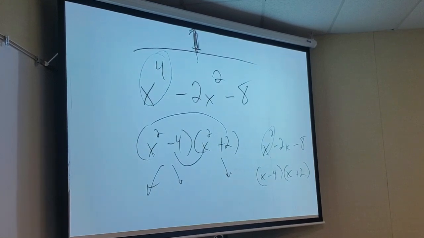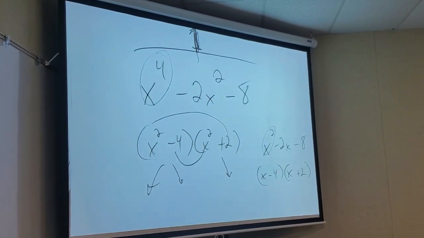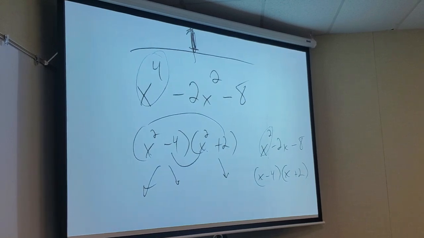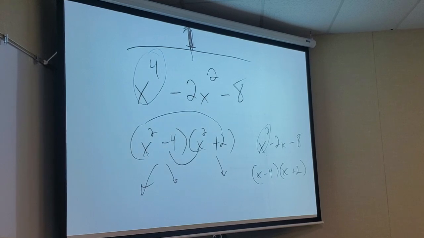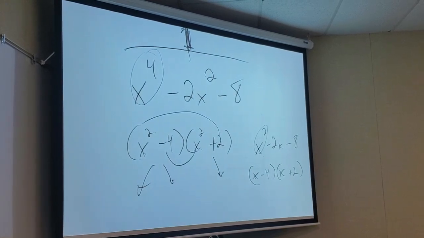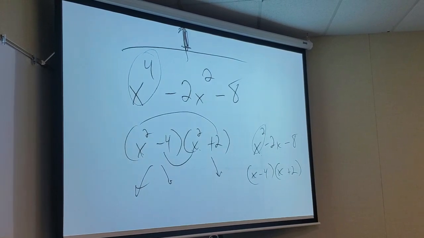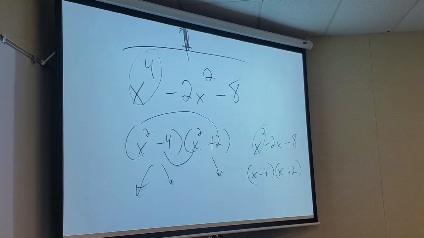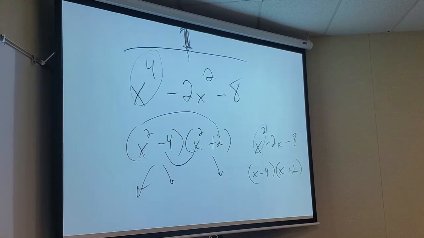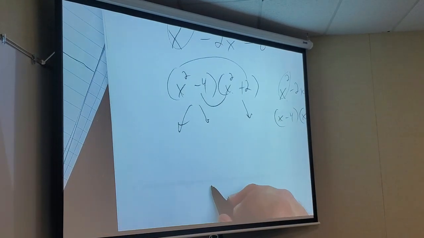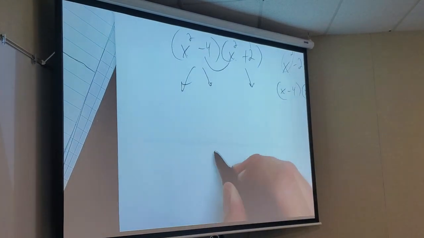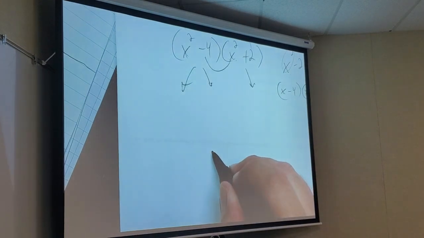Yes? I don't know if this is relevant, but would the same process apply if it was cubed? Because I remember on a couple of quizzes it was like x to the 9th plus 27 or something. Would you be able to split it like that? Yeah, in general, yes.